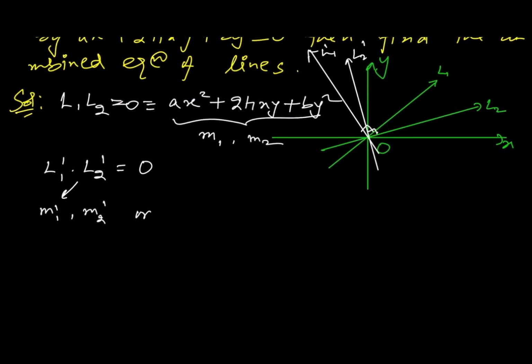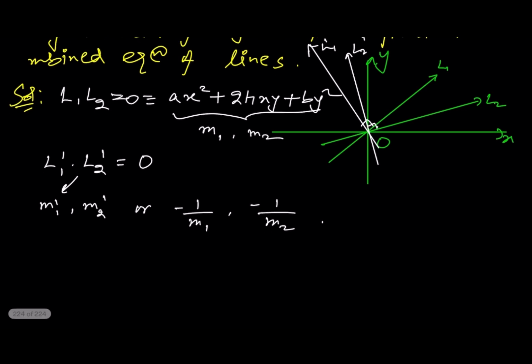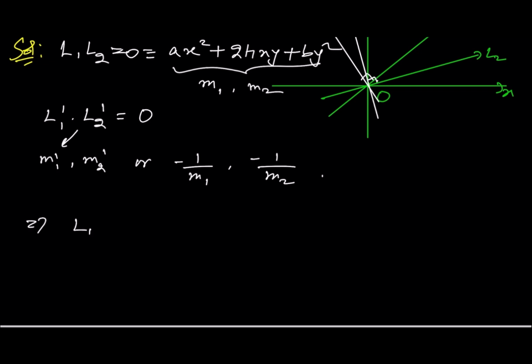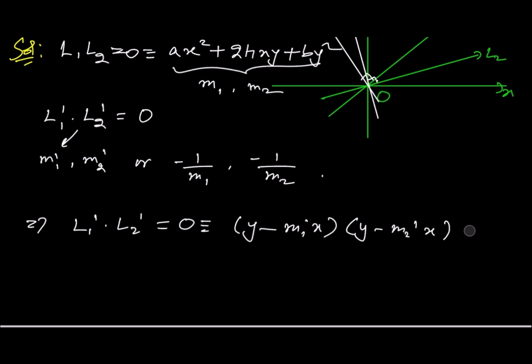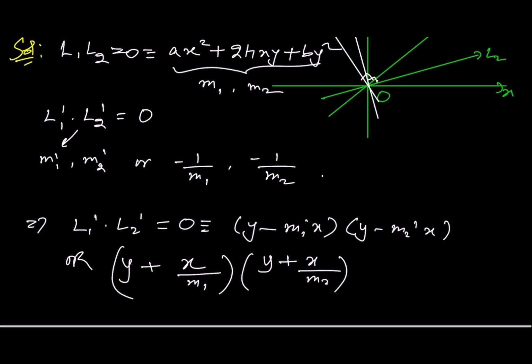So L1 dash into L2 dash equal to 0 can be written as y minus m1 dash x into y minus m2 dash x is equal to 0, or y plus x upon m1 into y plus x upon m2 is equal to 0.